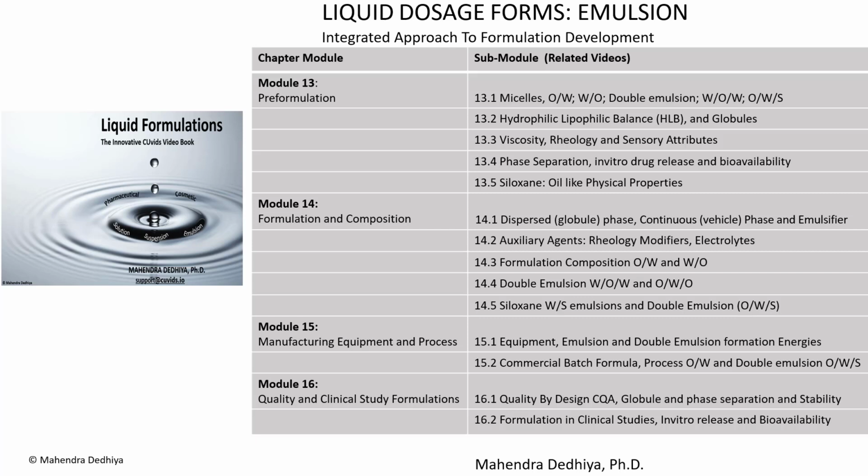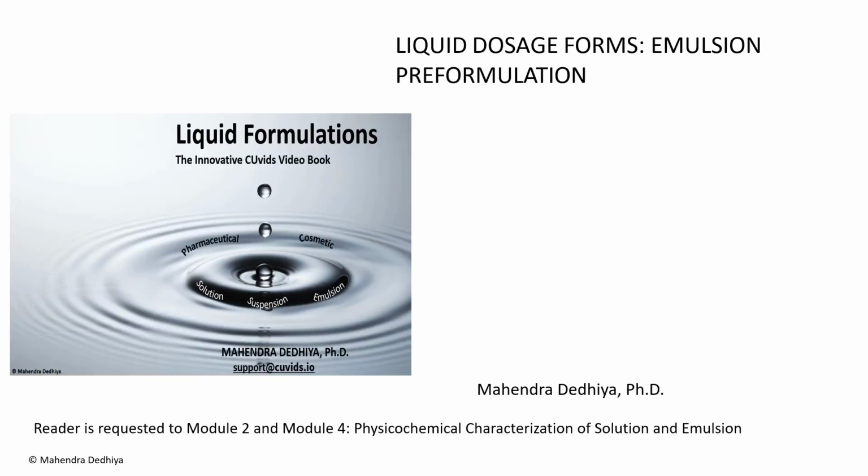Module 15 focuses on equipment and commercial batch manufacturing. And finally, Module 16 contains quality by design and formulation and clinical studies. Readers are requested to review Module 2 and 4, Physicochemical Characterization of Solution and Emulsion.